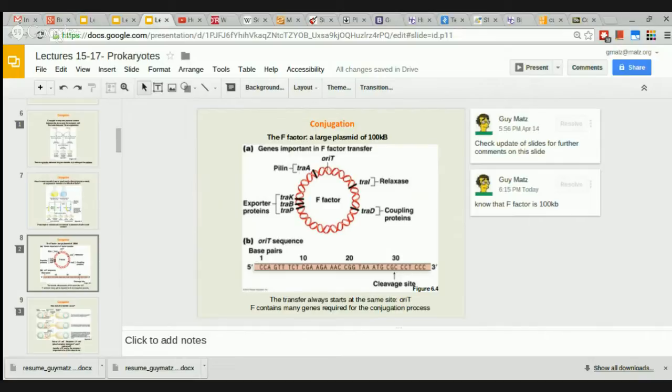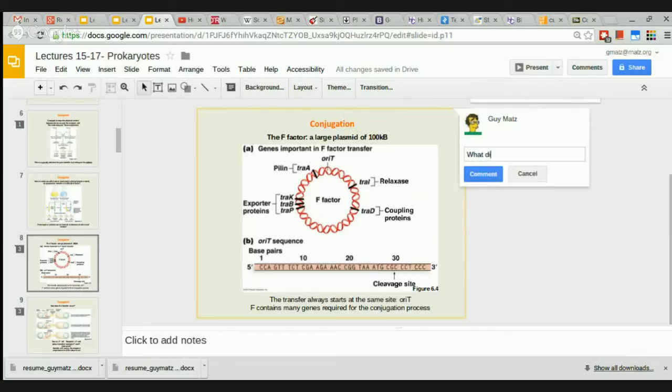Another thing, when we talk about the mechanism, and that's an important slide. There's a site called ORI-T, and that's where the nick is made by the relaxosome, and the 5' end is dragged into the recipient cell called F-.